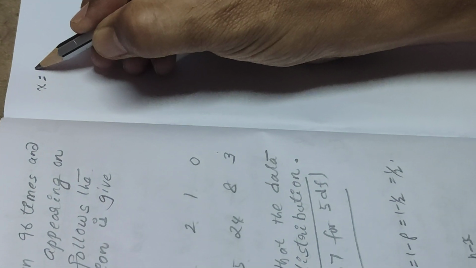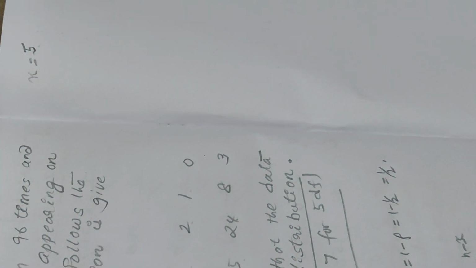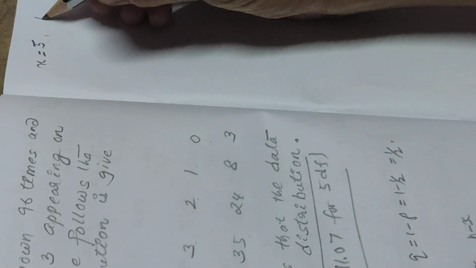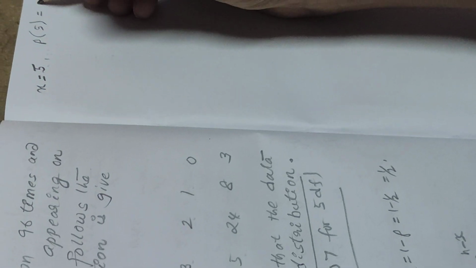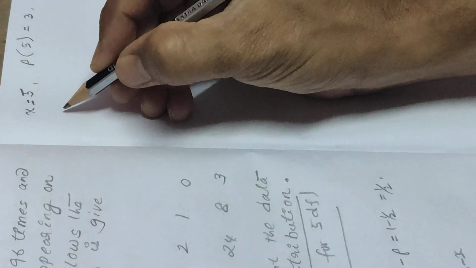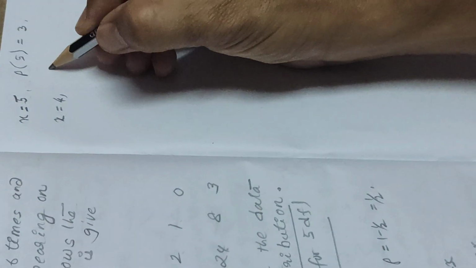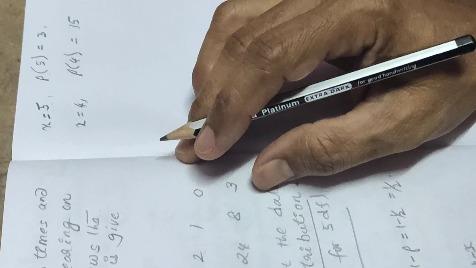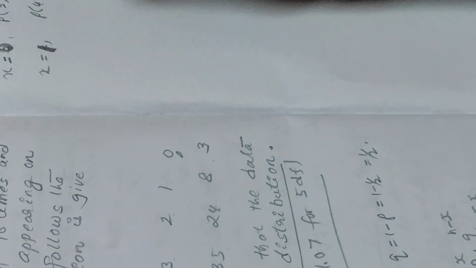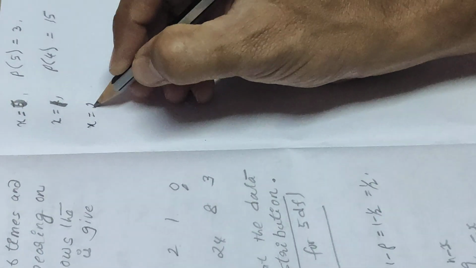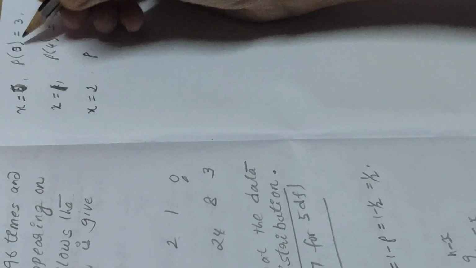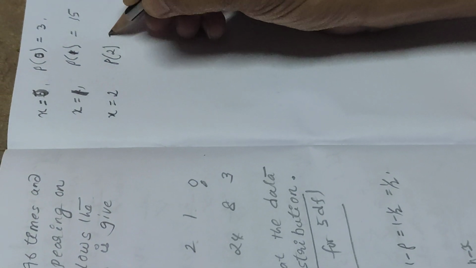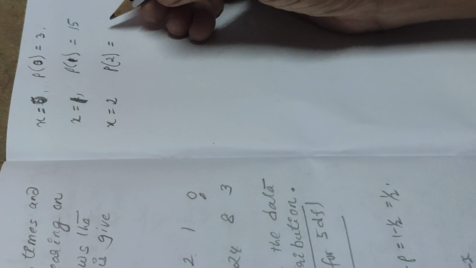Putting x equal to 0, you get 3. Putting x equal to 1, you get 15. Putting x equal to 2, you will get 30.